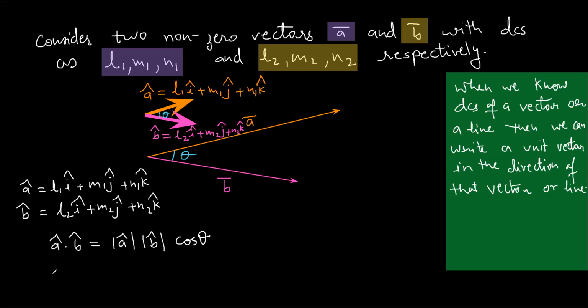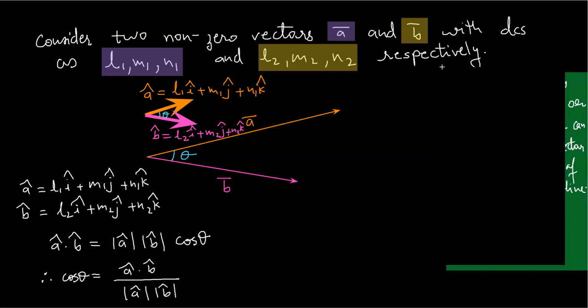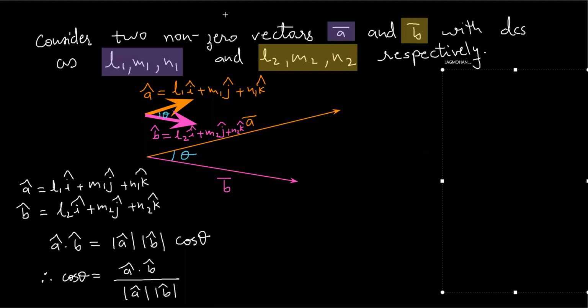Therefore cos theta is a cap dot b cap upon mod a cap mod b cap. Now, as you know, a cap and b cap both being unit vectors, their magnitude will be equal to 1.